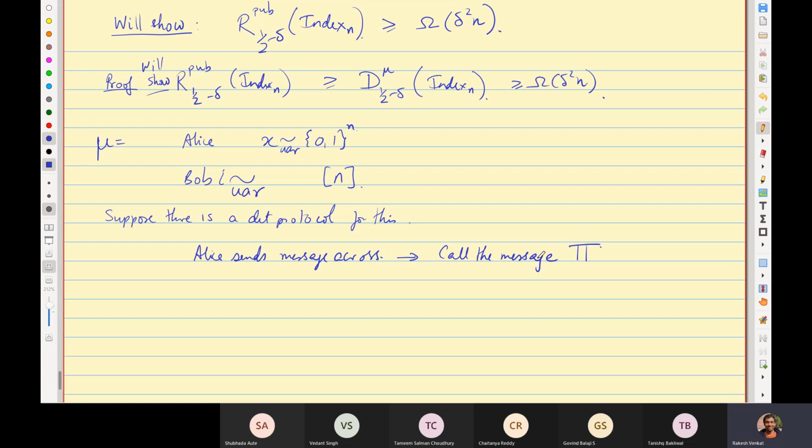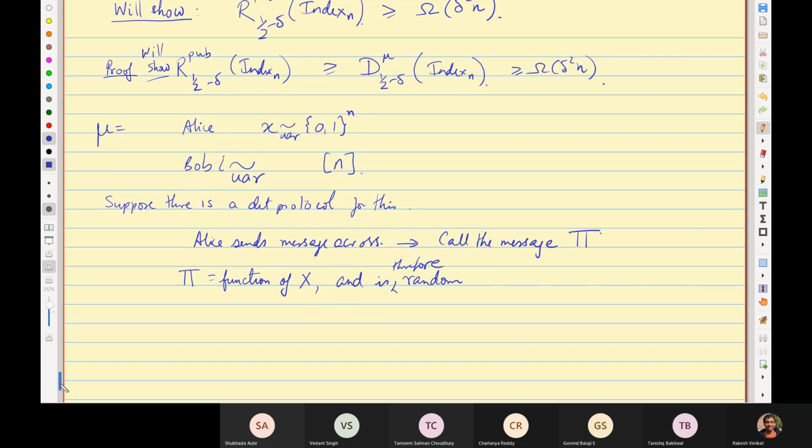So this is the transcript, because that whole transcript is just a single message from Alice to Bob. You can just call it a message. So recall that now, because there's a distribution over X, pi is a function of X, and is wholly deterministic, and is therefore random because X is itself uniformly at random drawn.